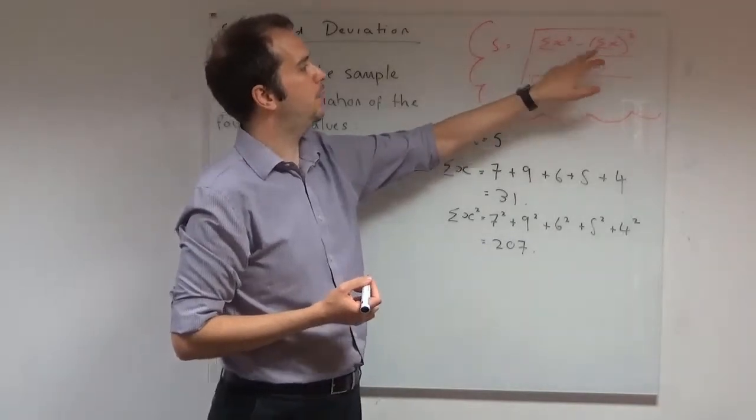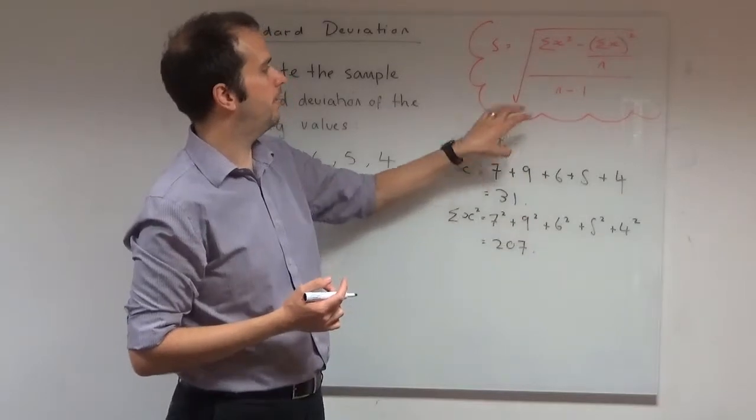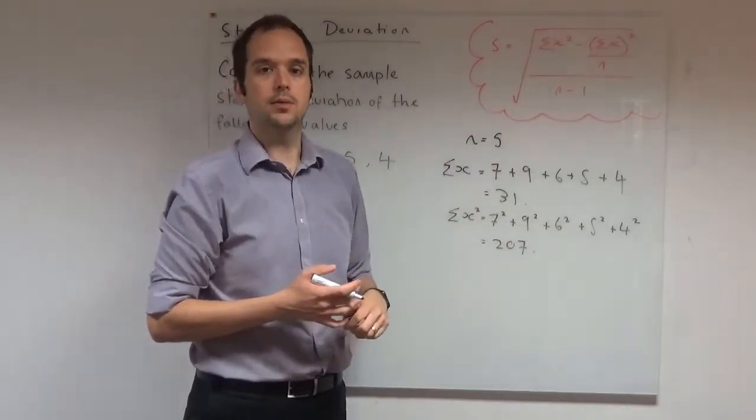So now we have everything. We have sigma x squared, we have sigma x, we have n. All we need to do now is substitute these 3 values into our equation.